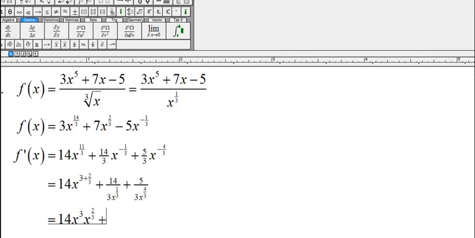Plus, I think I'm going to make this a big fraction this time, 14 over 3 times the, no, not square root, cube root of x.